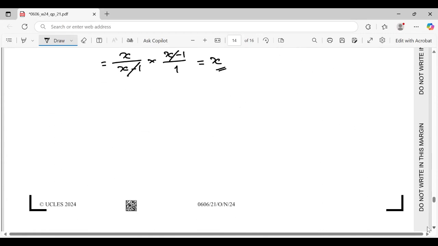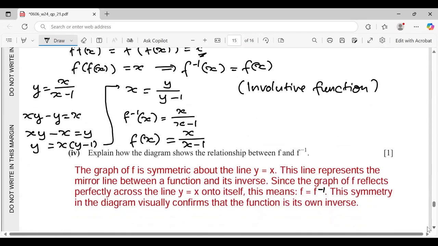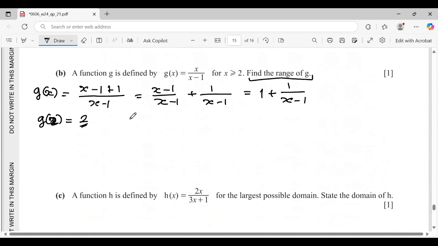So we can write in here that range: g(x) greater than 1. Again, not including 1 because g(x) equal 1 is the asymptote line.